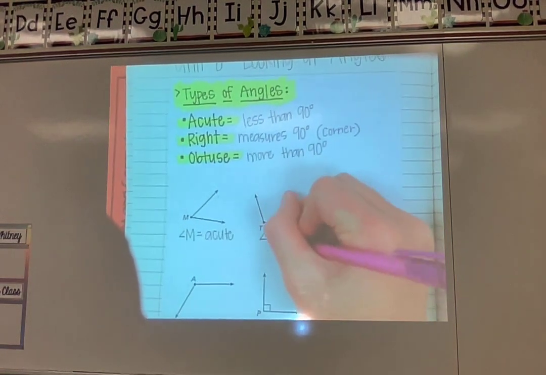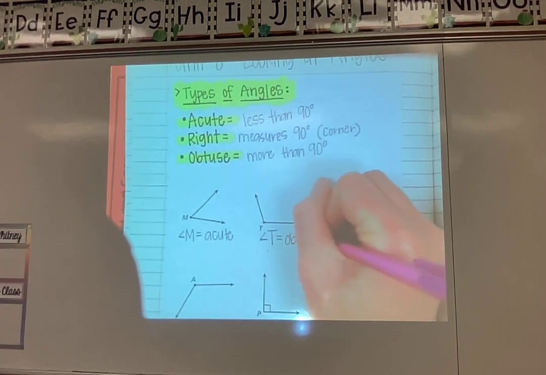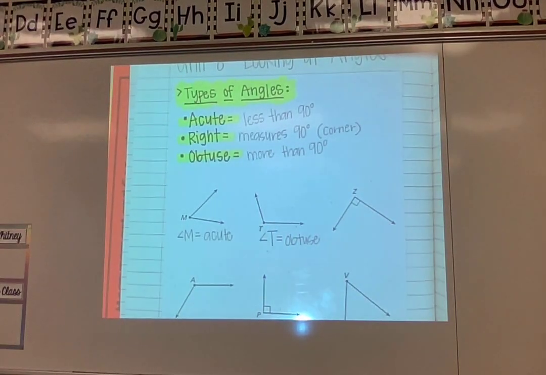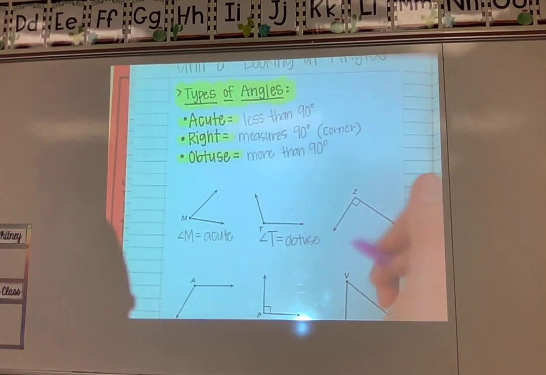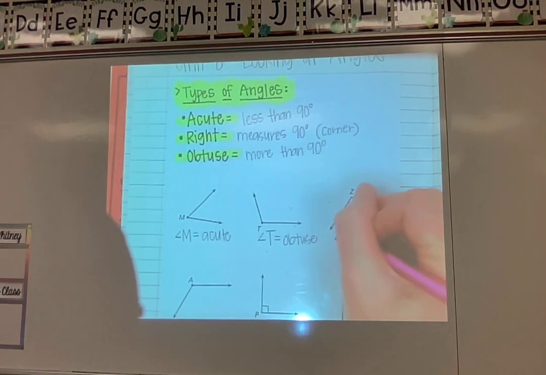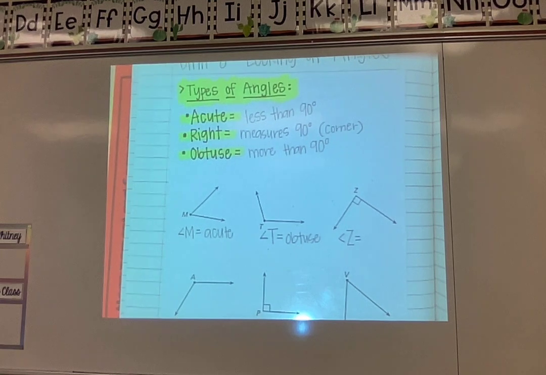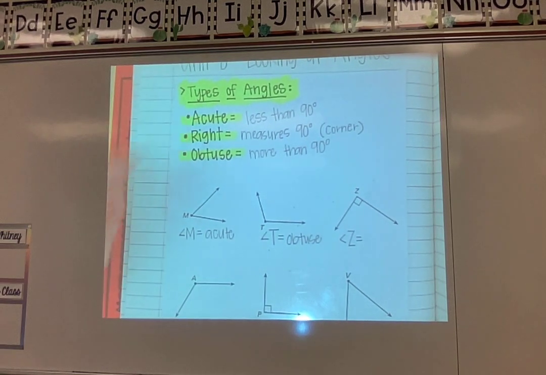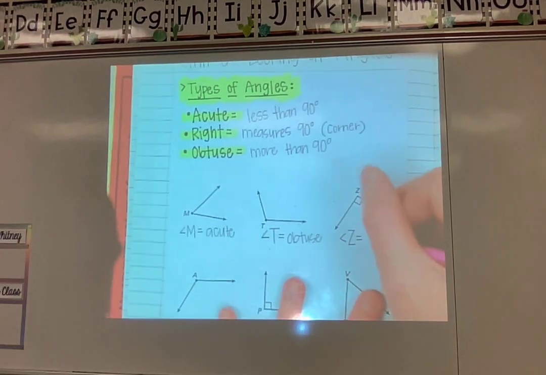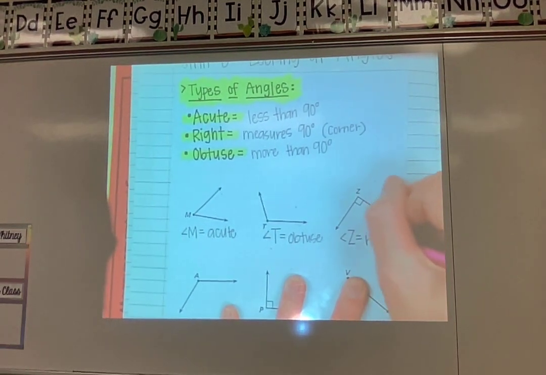So this would be obtuse. Going on to my next example. First, I want to name it. This is angle Z. And then I'm going to try to classify it as either acute, right, or obtuse. This one is a perfect corner, so it would be a right angle.